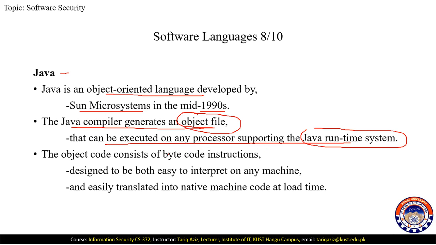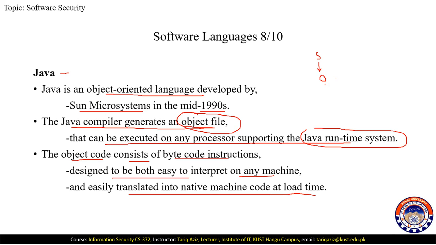Now, what is the object code actually? The object code consists of bytecode instructions designed to be both easy to interpret on any machine and easily translated into native machine code at load time. So, what's the picture actually? Let's say this is our source code, and I am representing source code with S for the sake of simplicity. The Java compiler takes your source code and creates the object file.